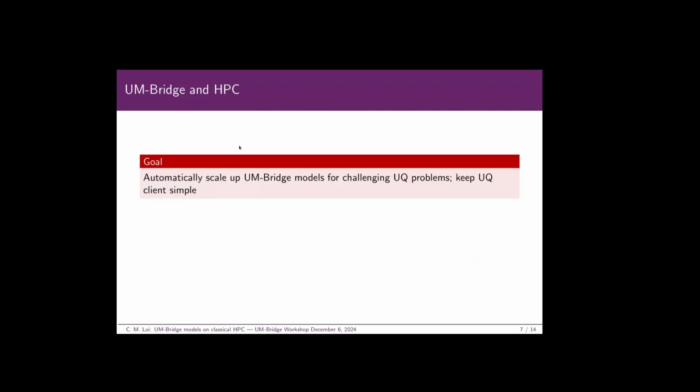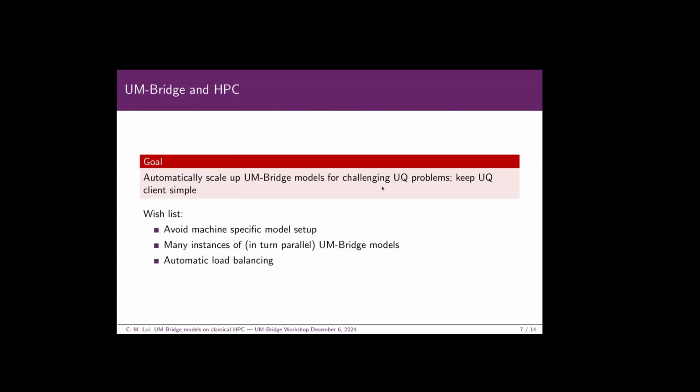And yeah, so this is what we want to achieve basically. We want a cloud-analogous HPC solution to run Umbridge. We want to scale up Umbridge models for UQ problems while keeping the whole UQ process simple.